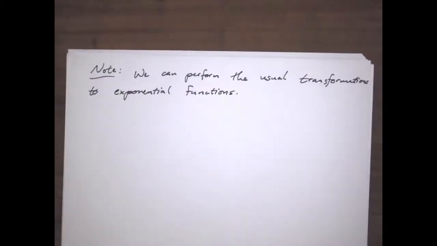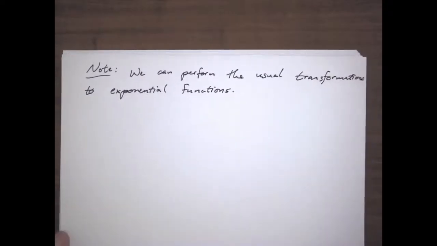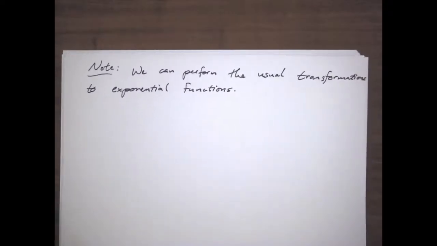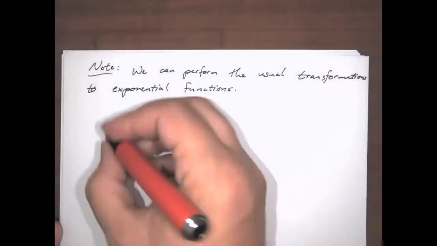The transformations we're going to be looking at specifically here are everything except for horizontal stretch or compression. Those ones are the most complicated ones. Those we'll deal with in a very specific context.